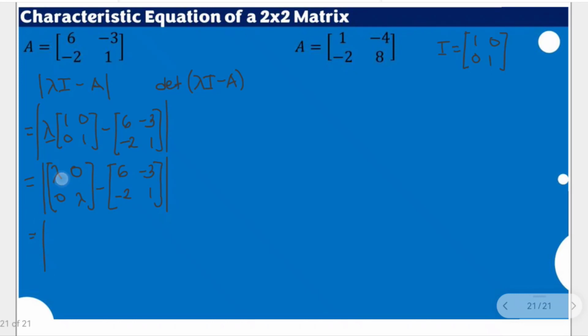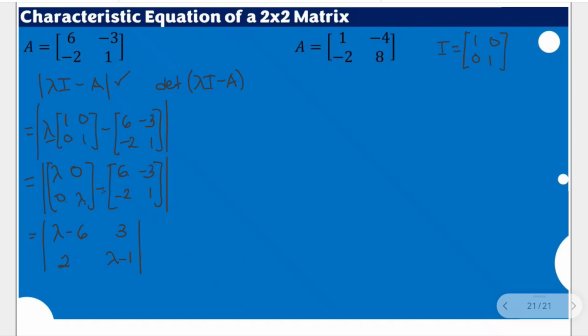You have lambda minus 6, that's your first entry. 0 minus -3, so you have positive 3. 0 minus -2, positive 2. Lambda minus 1, that's your last entry here.